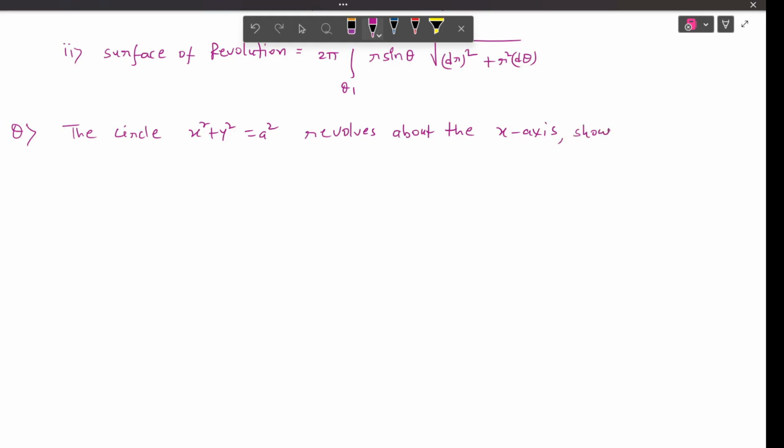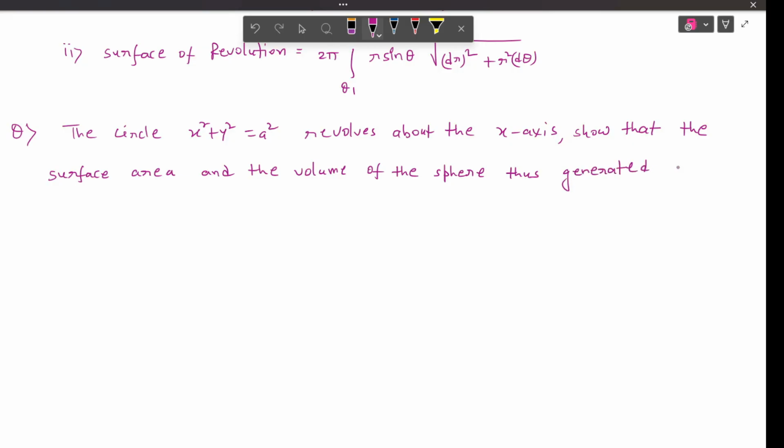Show that the surface area and the volume of the sphere thus generated are respectively 4 pi a square and 4 by 3 pi a cube.